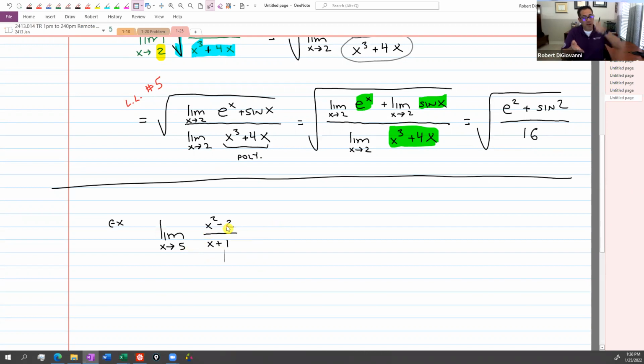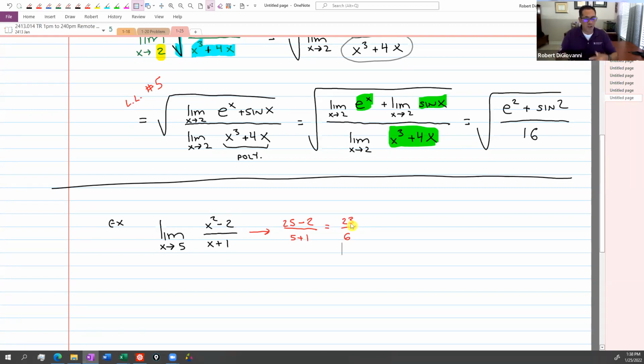So I'm going to do a direct substitution of 5 for x. Well, 5 squared would be 25 minus 2, over 5 plus 1. That's 6. So this is headed towards 23 over 6, right?